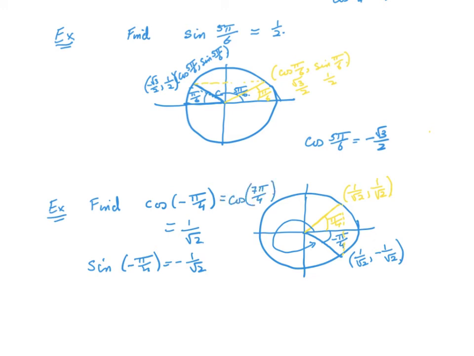So those two angles differ by an angle of 2 pi, so the cosines are the same. In other words, 7 pi over 4 is equal to minus pi over 4 plus 2 pi. So the sine and cosine of 7 pi over 4 is the same as the sine and cosine of minus pi over 4.